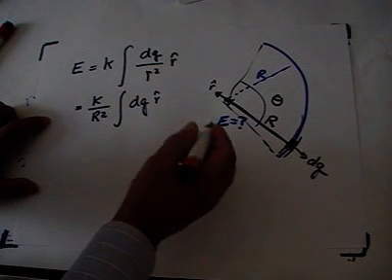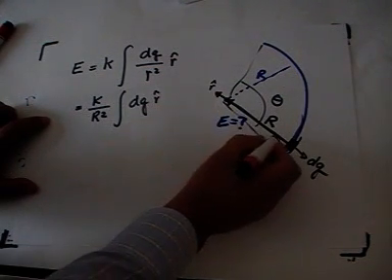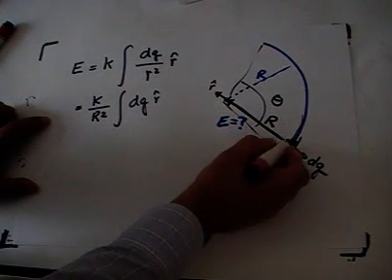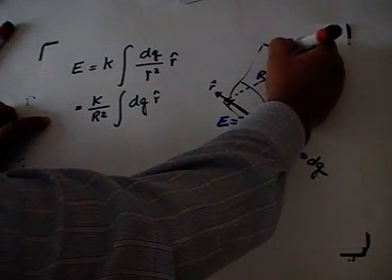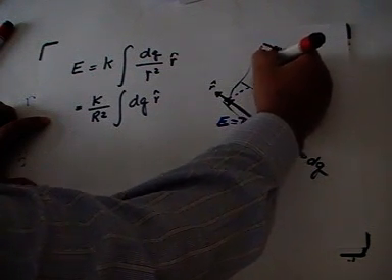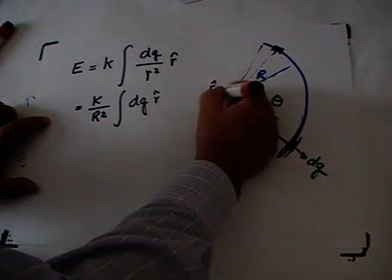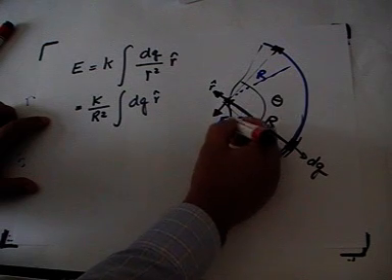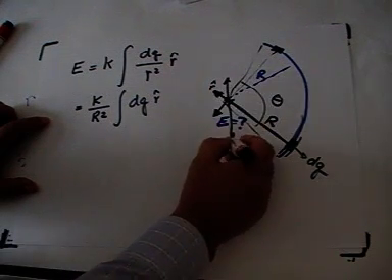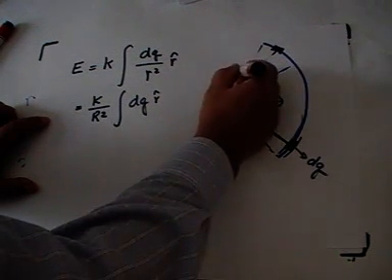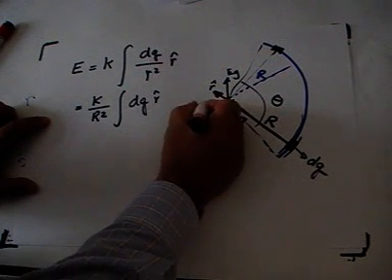Let me notice we need to look at the symmetry here. For every one of these, there is another one here, which is going to give me the same thing: the electric field this way, the electric field this way. What does that mean? That means the Ey will always cancel, and I have only Ex.